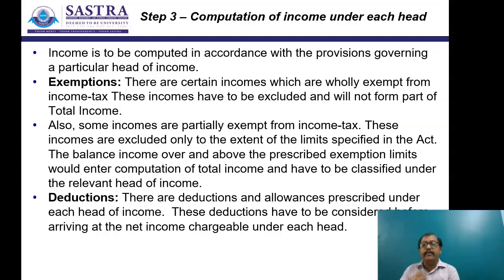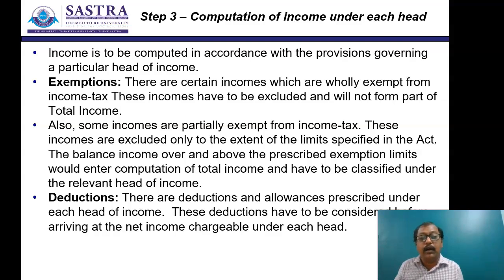To give effect to these exemptions, there are certain incomes which are wholly exempted from income tax. These incomes have to be excluded and will not form part of your total income.